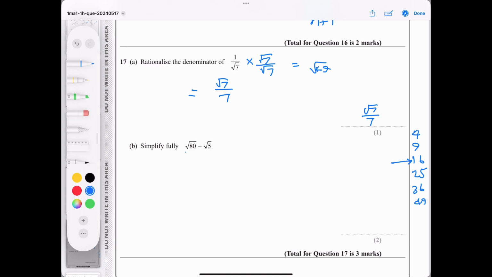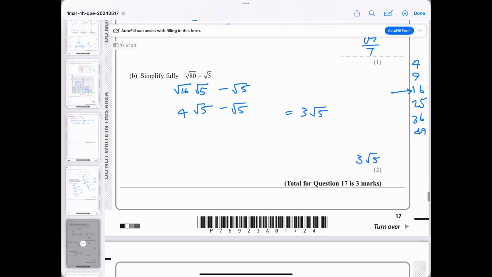So what I'm going to do is divide 80 by 5, and that gives you root 16 root 5 minus root 5. And root 16 is 4, so 4 root 5 minus root 5. And now we've got it into 2 lots of root 5. 4 minus 1 is 3 root 5, and that's the answer. I can't see anything else you could do with that. I suppose you could make that into root 5s, but I wouldn't bother.